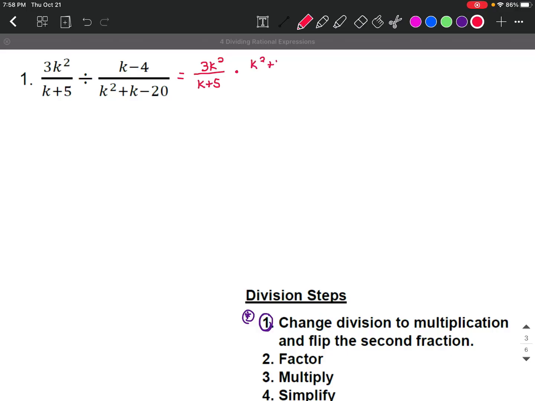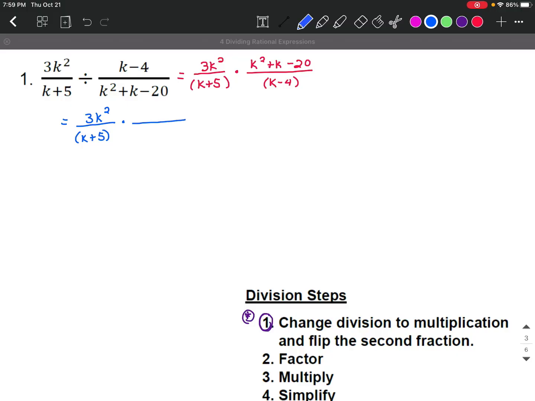K squared plus k minus 20 all over k minus 4. And we're going to factor whatever we can. Well, fortunately, we don't have to factor 3k squared. We don't have to factor k plus 5.